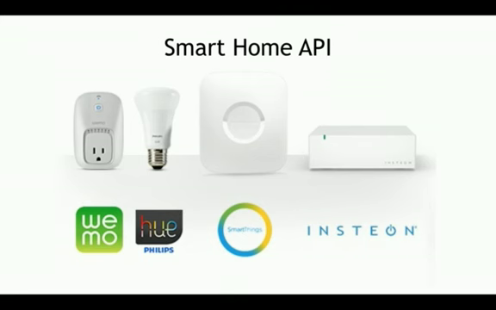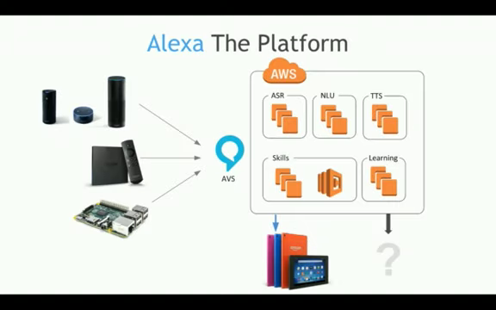Here's some of them, but by no means is this an extensive list. It's just kind of an informational slide. And what we're going to be focused on today is building skills that are really just software based, and we'll talk about that a little bit more in a second.